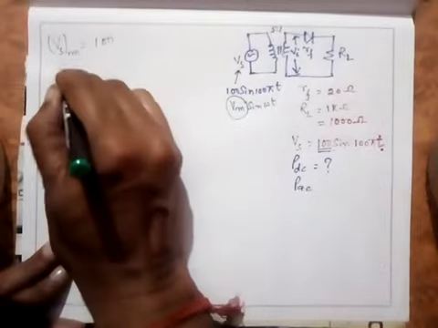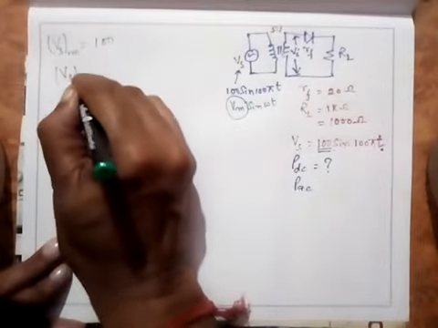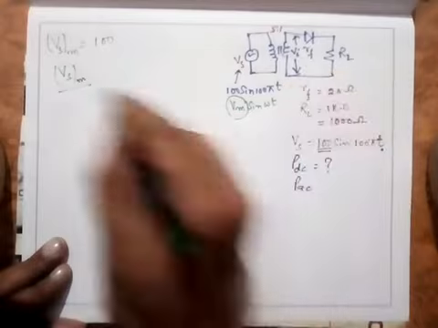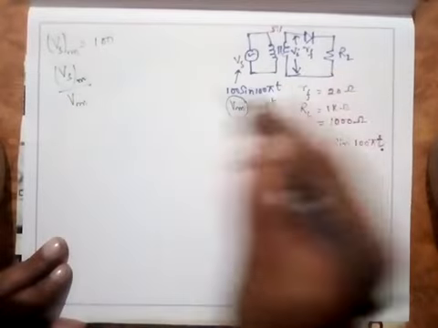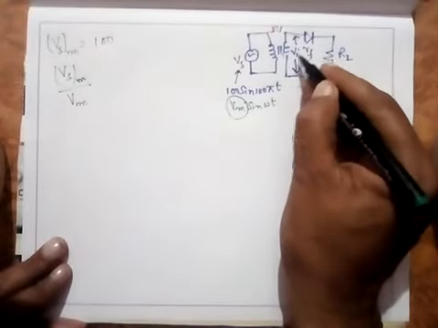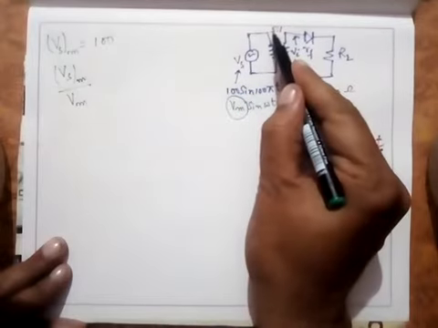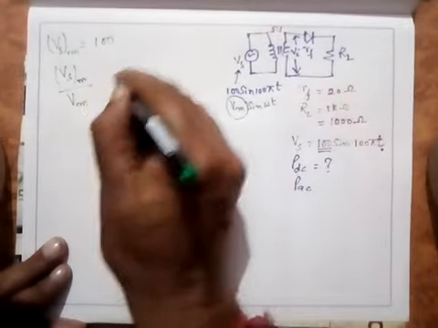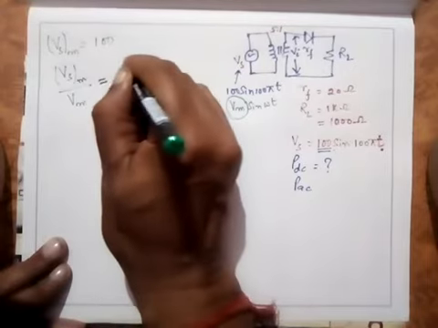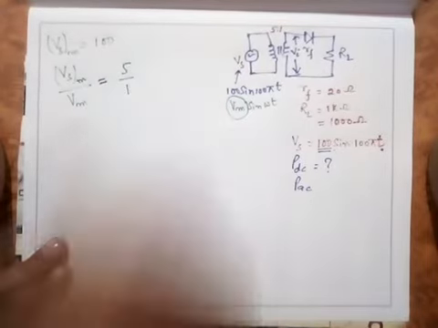That is, Vsm upon Vm, the maximum value of the voltage at this point, is equal to N1 upon N2, which is 5 upon 1. This turns ratio is given to you as 5 upon 1.